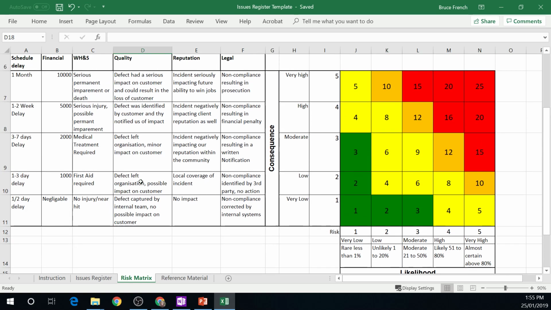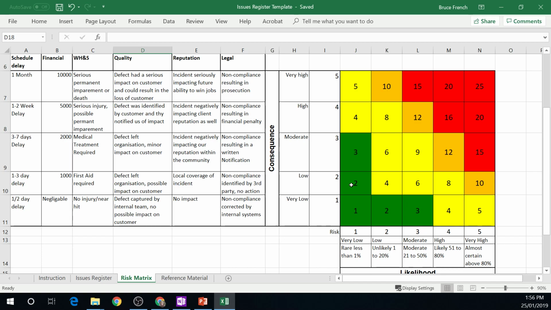If we go to the next level within quality, the defect has left the organisation, and there's a possible impact on the customer. And the likelihood of this particular incident occurring could be very low, in which case we've ended up with a 2.